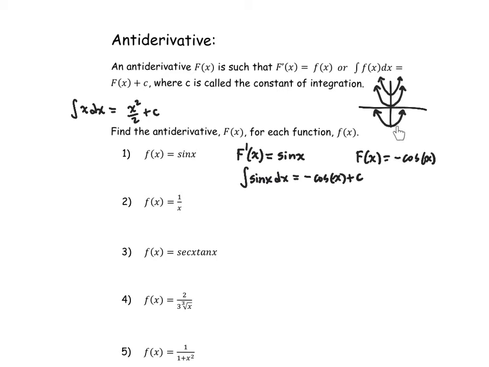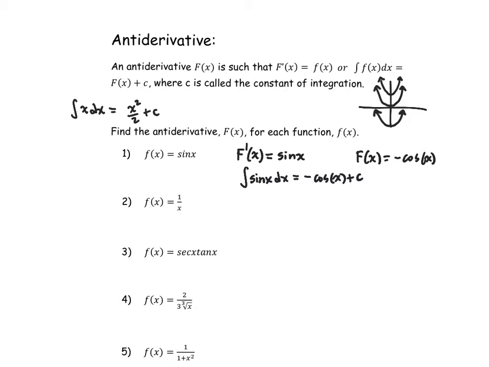They're all the same. So because the slopes are all the same at the same x value, that means that the integral of x dx gives us a family of possible functions, right? And c just helps us to distinguish between each of the members of that family, as we can see over here.